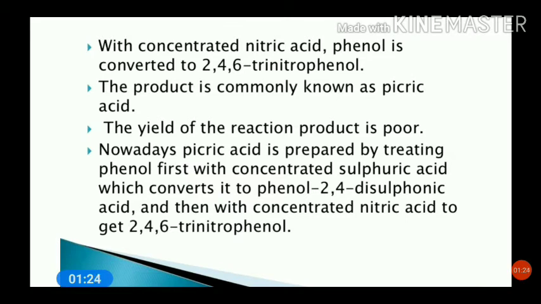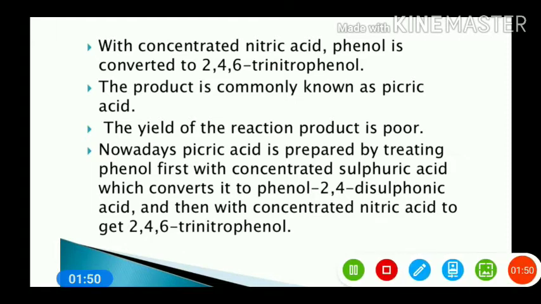With concentrated nitric acid, phenol is converted to 2,4,6-trinitrophenol. This means attack at all three positions, both ortho and para, takes place together, which gives rise to 2,4,6-trinitrophenol, and this is known as picric acid.